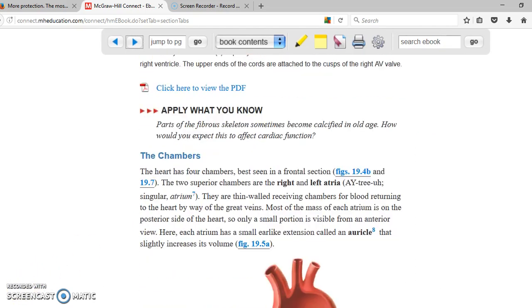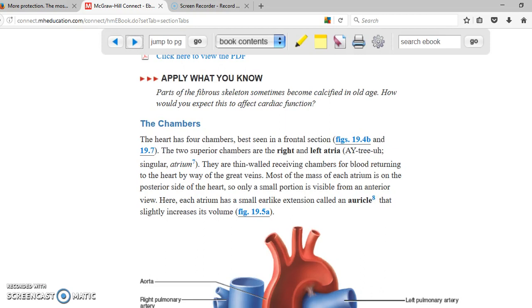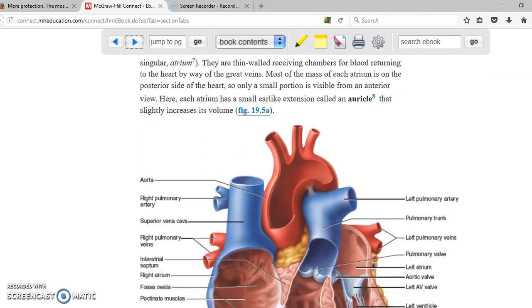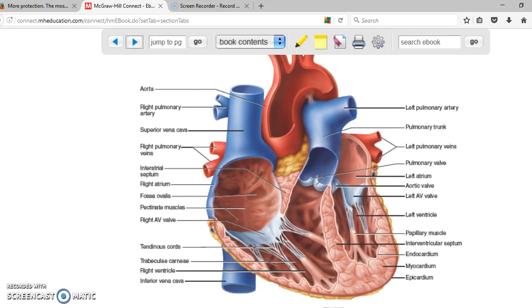If we scroll down, we can see that we have the chambers of the heart. We already mentioned that. We have 2 atriums and 2 ventricles. Right here in this figure, you can clearly see the 4 chambers, 1, 2, 3, and 4. And also you can clearly see the blood vessels. So you have in the right atrium, the vena cava, superior and inferior. Right here in the right ventricle, you can see the pulmonary trunk.